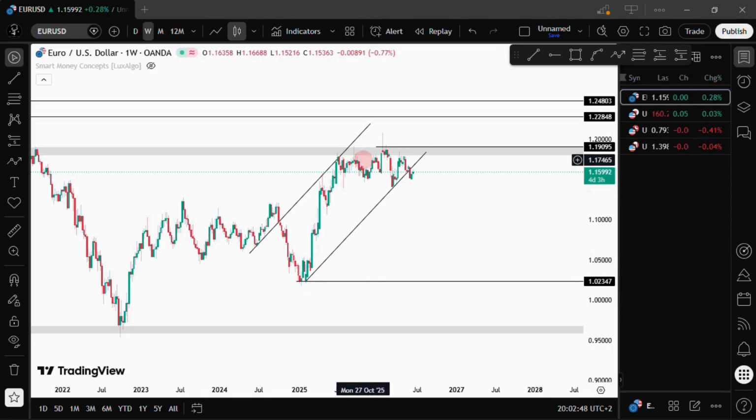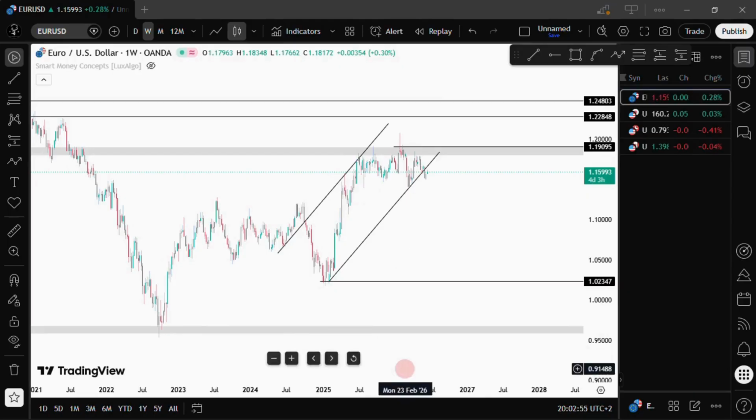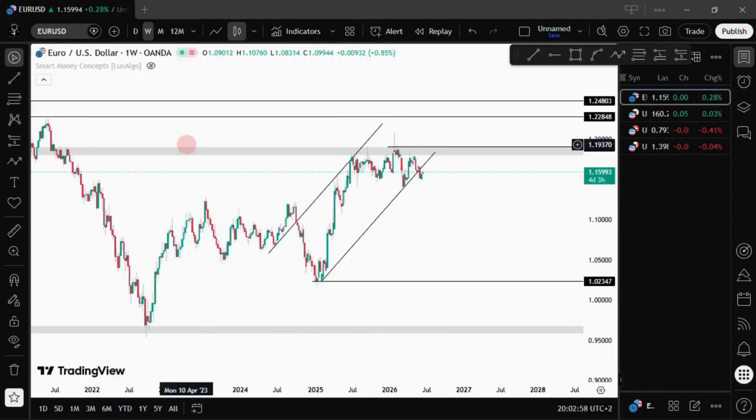Okay, now back to the market guys. You could see that we are in an uptrend from last year January. Okay, the whole year we pushed towards the upside. So last year you could have been profitable with Euro USD.